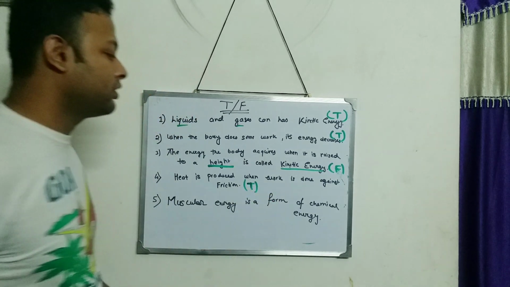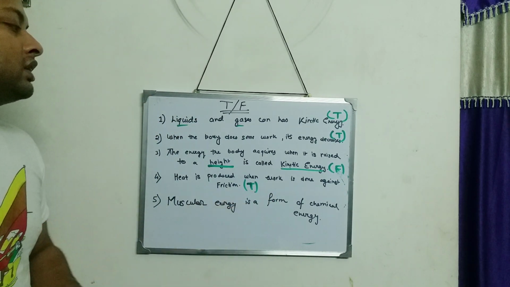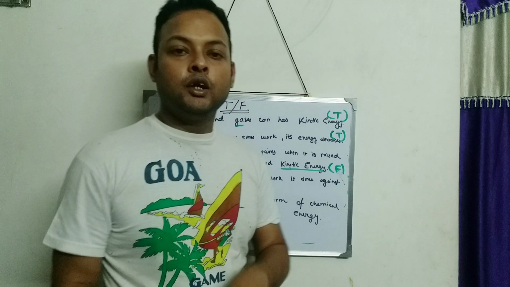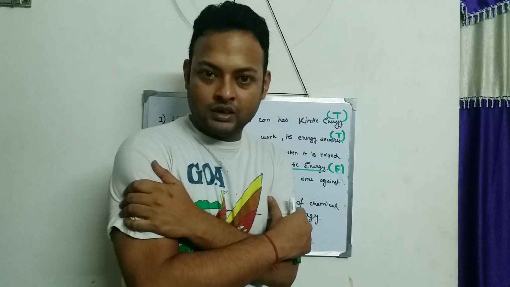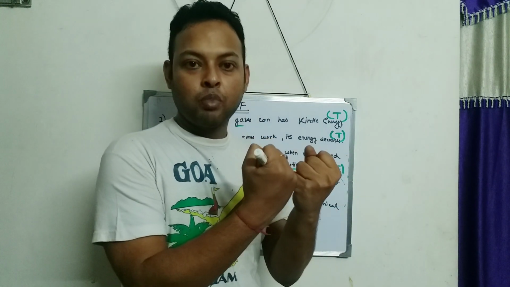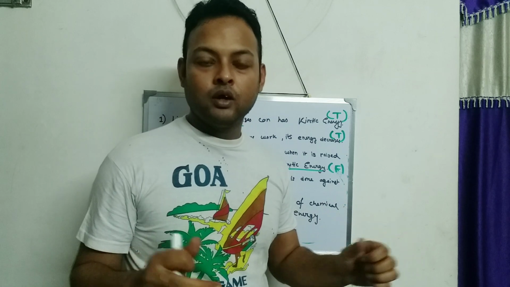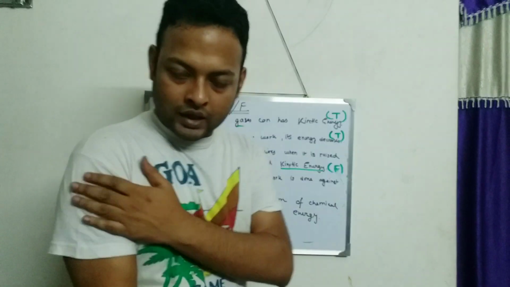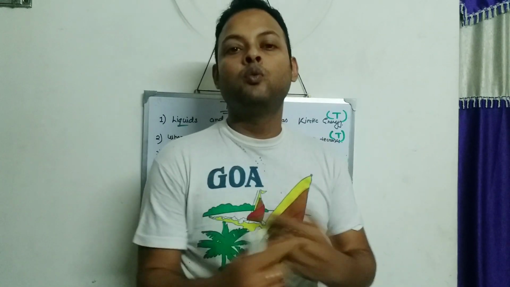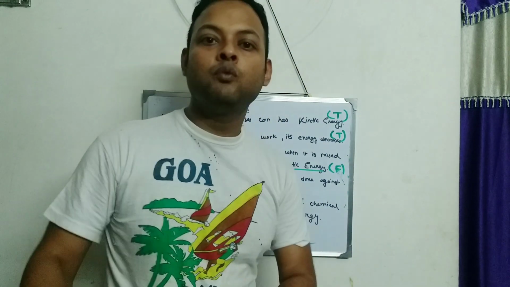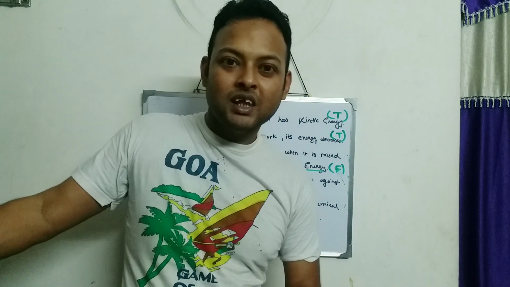This is a true statement. Now, muscular energy is a form of chemical energy. Our muscles, we have energy. We can lift certain objects or do anything. The energy that we are getting in our muscles, from where are we getting it? We are getting it by eating food, and food has what energy? Chemical energy. So the muscular energy comes from the chemical energy.